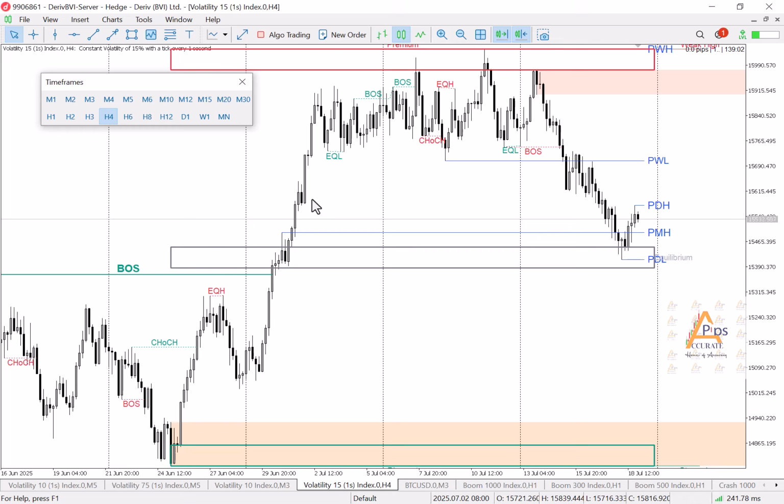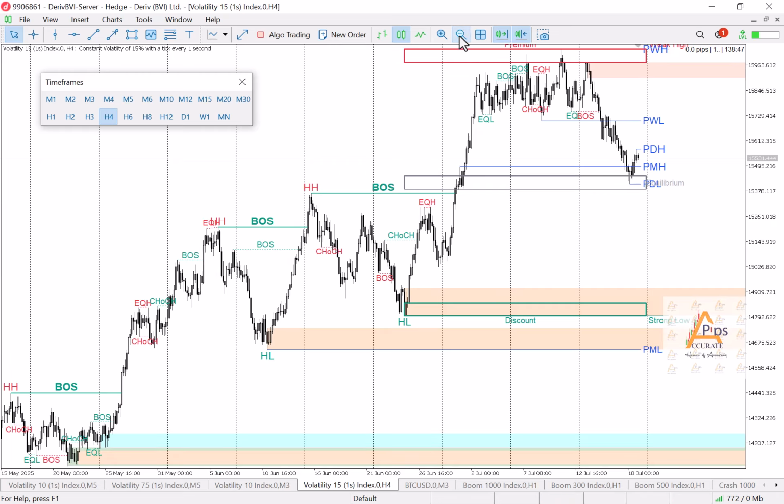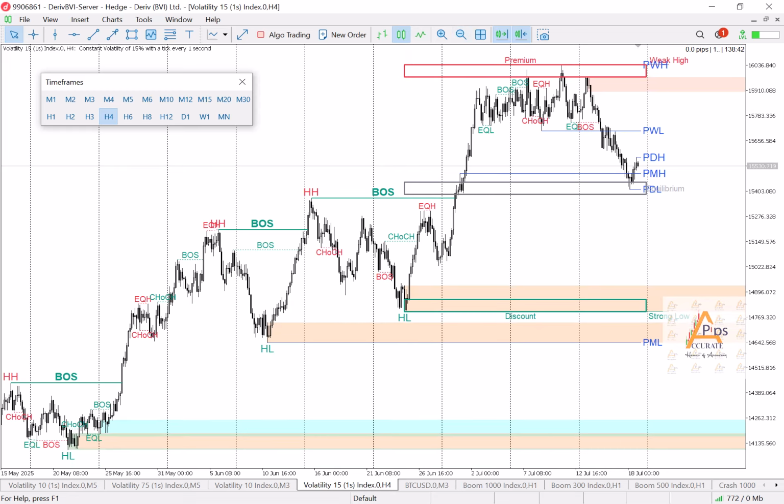Now, this is what you have to understand. When you get to H4, you look out for the trend on H4. Where is my trend on H4? Okay, so here you can see that on H4 our overall trend, that is the general trend, is bullish, because you can see the bold BOS, the bold ones, are all bullish.